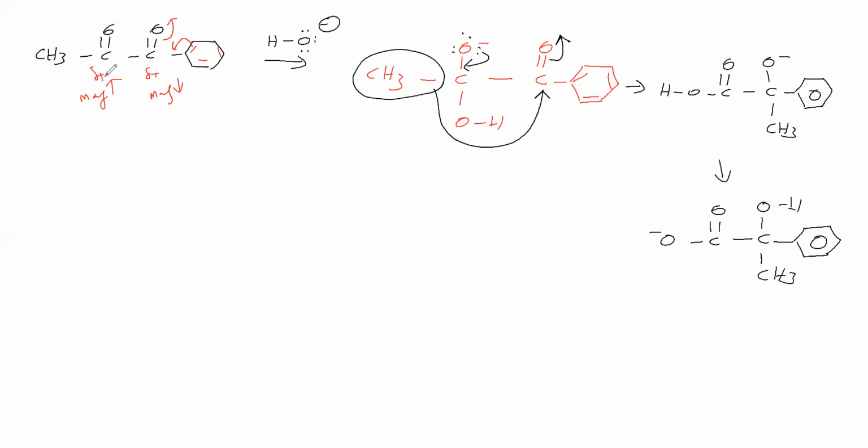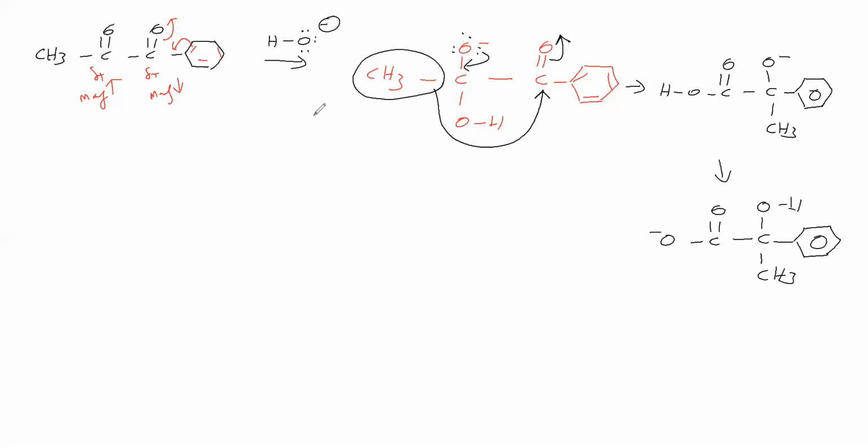OH minus will attack that carbonyl carbon, and that will become COO minus. The group on that carbonyl carbon will migrate to the neighboring carbonyl carbon, so this CH3 goes to this carbon. This is the product.